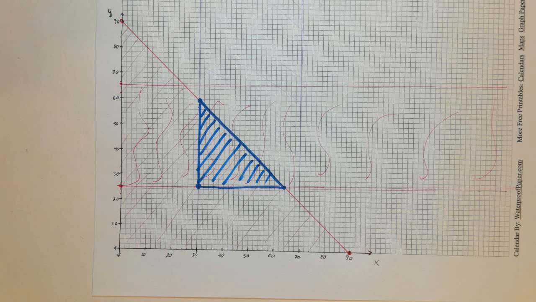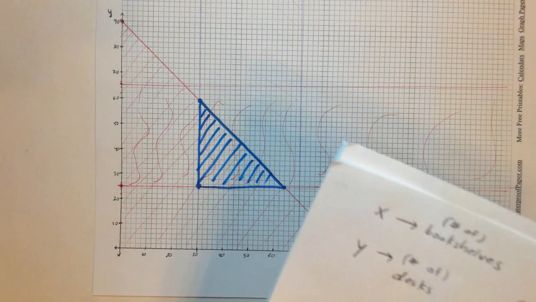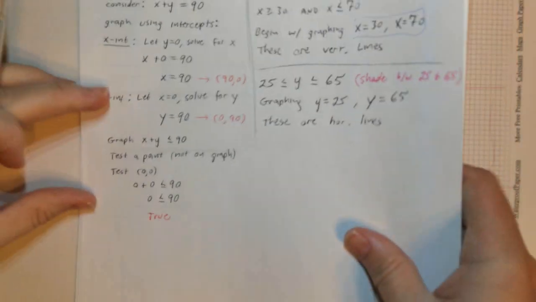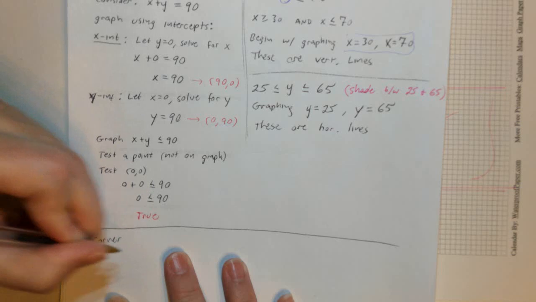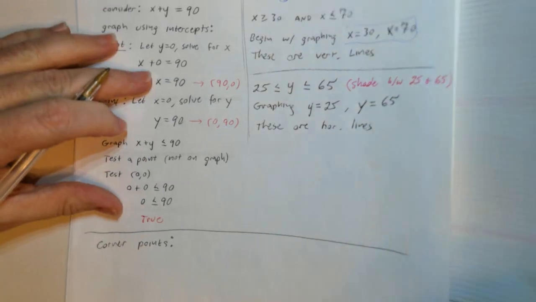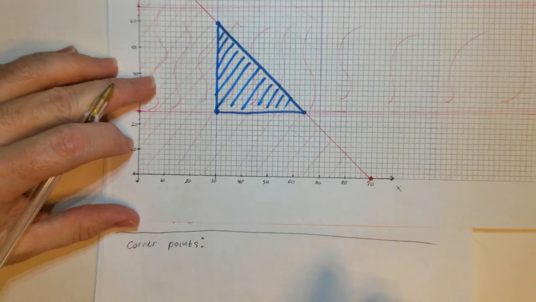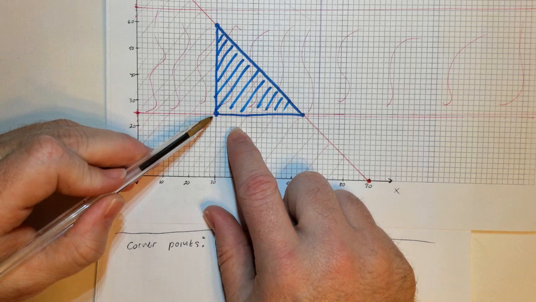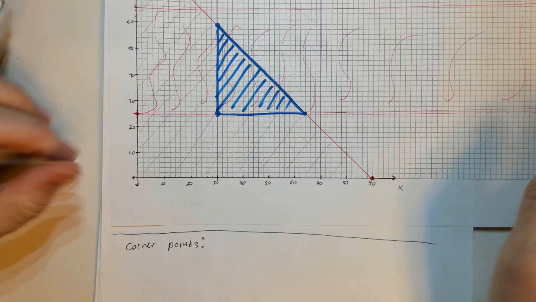So back to my paper. All these corner points. All right, so here's this again. So this corner point is where the purple line intersects the pink line.